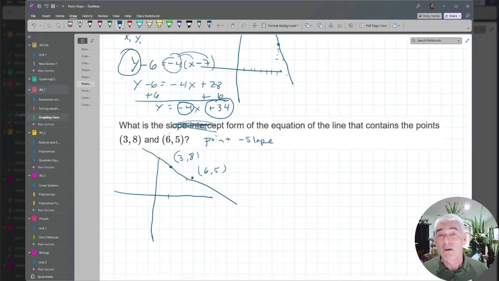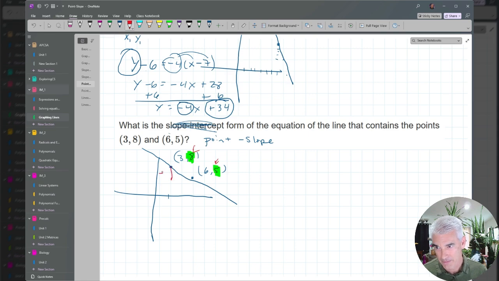First, let's find that slope. Just a reminder, the slope is the change in y, also called the rise. I started at 8, ended at 5, looking just at the y-coordinates, so I went down 3.